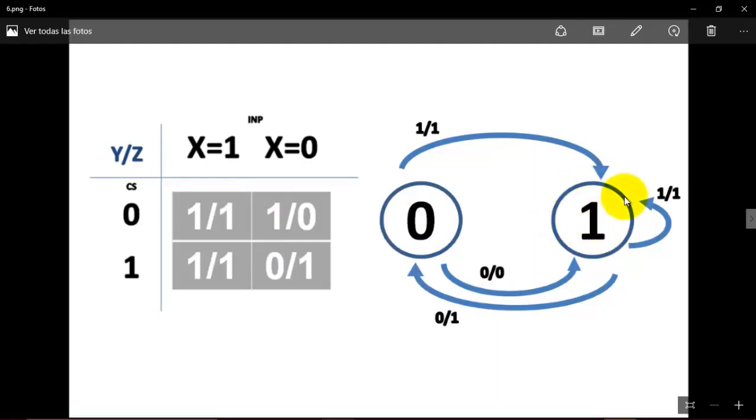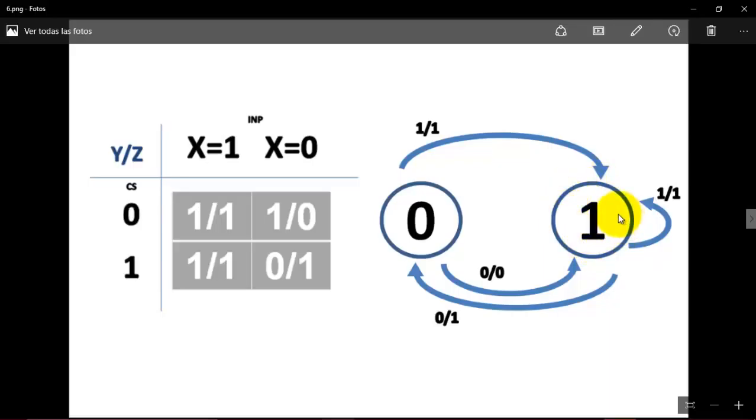Then here, when we are in a current state of 1 and we have an input of 1, this is our input, we are going to have an output of 1. Here we have our output, and our next state is going to be y, which is 1, so we are going to be again in 1.